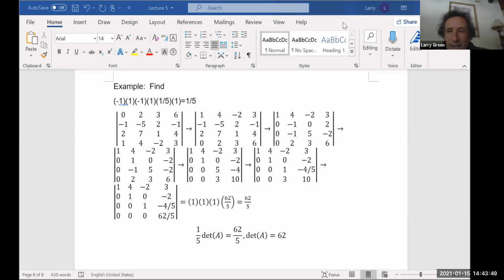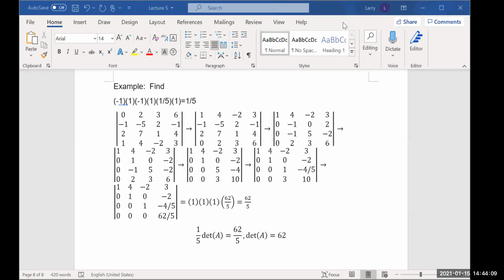Think about it. The hint is it's very easy. Would it be 2 times the original value? That's much easier. Would it be 0?